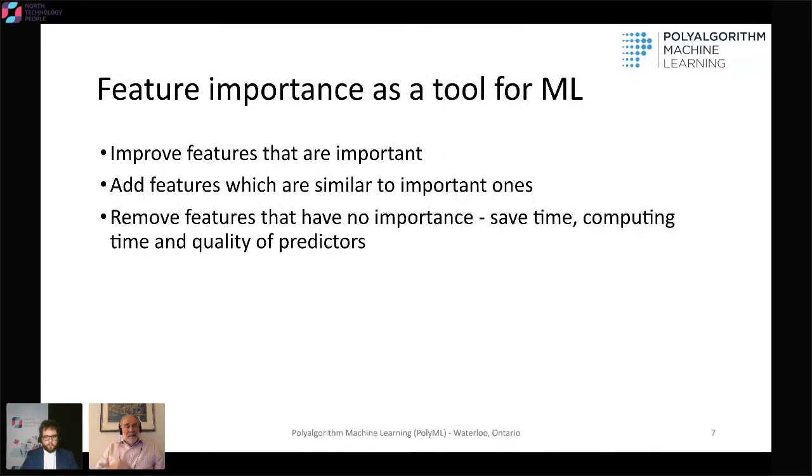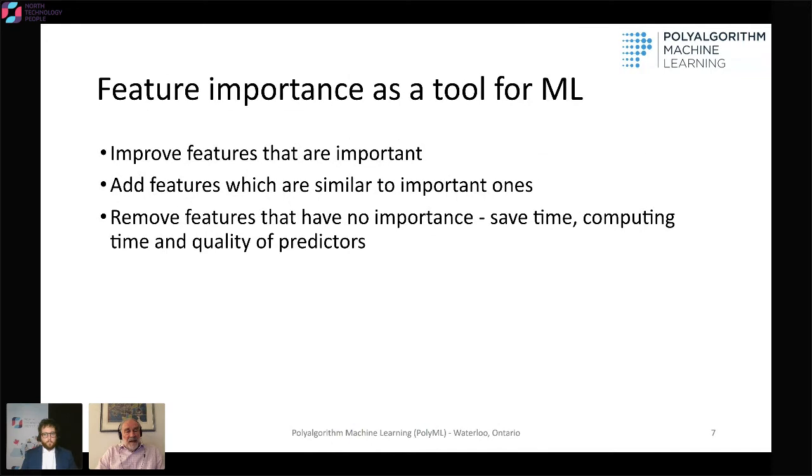So the next part that I think is quite relevant is feature importance as a tool for machine learning itself. We are promoting this quite intensively lately, because I think that feature importance improves the whole process of building good predictors.